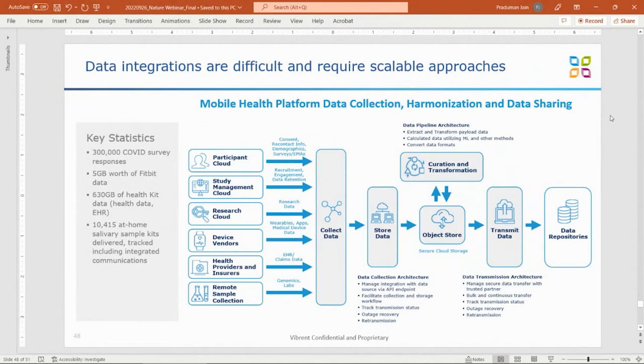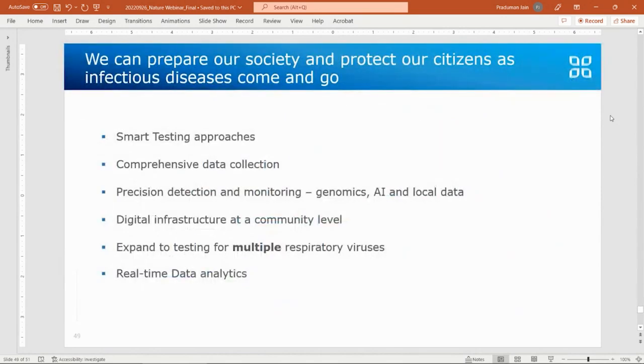So all of these disparate sources of data require secure and centralized locations for management of that data. And that's what this picture on the screen is talking about, how that approach can result in a more streamlined and cost-effective way for infectious disease research.